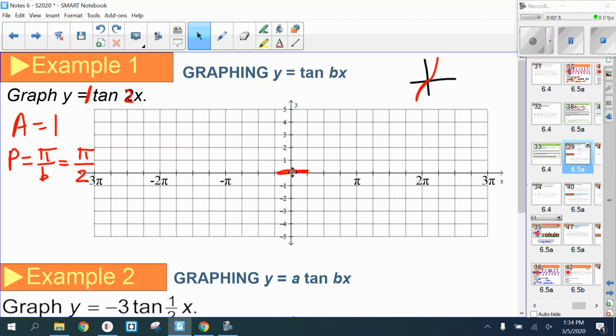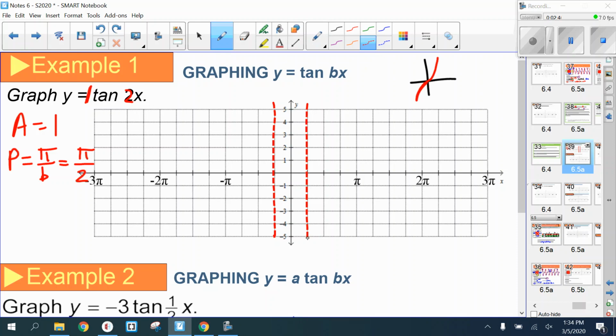All right, it's got to be half and half, half on this side, half on that side. So when you draw your asymptotes, half of that pi over 2 is going to be on the left and half of it's on the right of the origin. Okay?